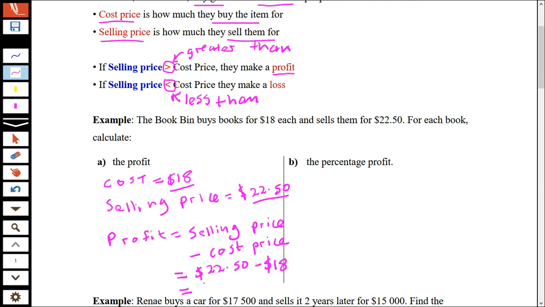It means your profit is $4.50. Now, if you've got a negative number, you'd actually be making a loss, not a profit, but we've got a positive answer here, so that's our profit.